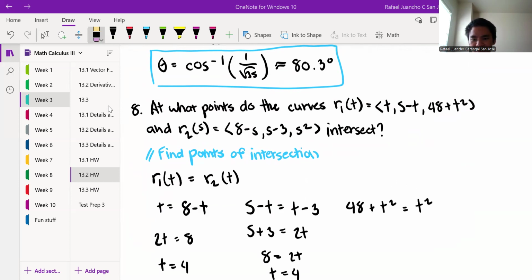Okay, so we set them equal. t equals what works? t is equal to 1. Why is it 1? Does 1 work? No idea.